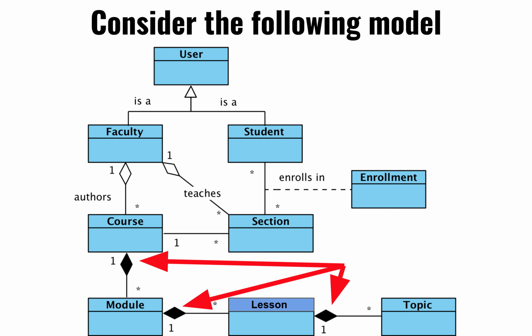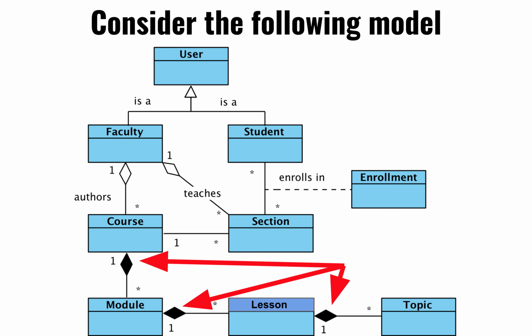Whereas the course and the module do have a life dependency. If I remove the course, it doesn't make sense to keep the modules around. If I remove the lessons, it makes no sense to keep around the topics. So there is a composition relationship between the two. If I remove the parent, all the children go with it. Whereas the faculty, there is no life cycle dependency between the two.